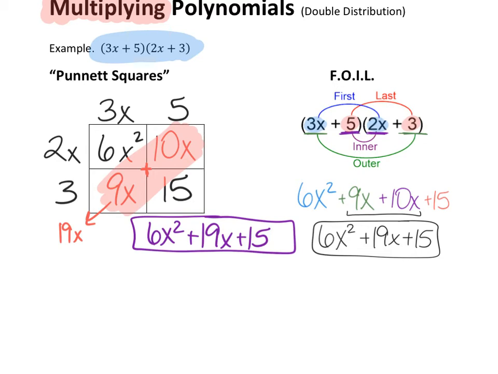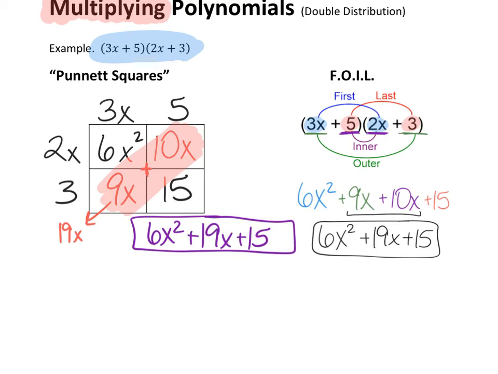I would like for you to really get into foiling. Another word for foiling, if you go anywhere else and they don't call it foiling, is double distribution. Can I show you why? If I only had this part right here, didn't I distribute the 3x to both pieces inside? 3x times 2x, and then 3x times 3.